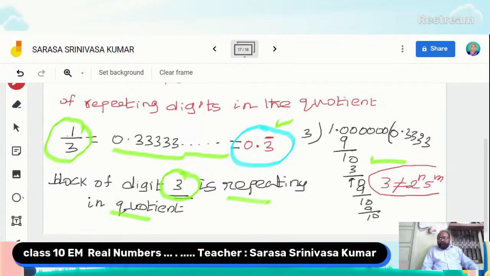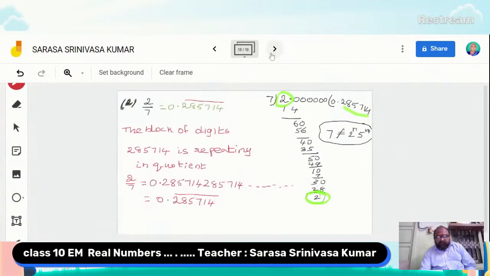When the denominator is not in the form of 2 power n 5 power m, we get non-terminating recurring decimals. If the denominator is of the form 2 power n 5 power m, then we get terminating decimals. This is what you must understand.